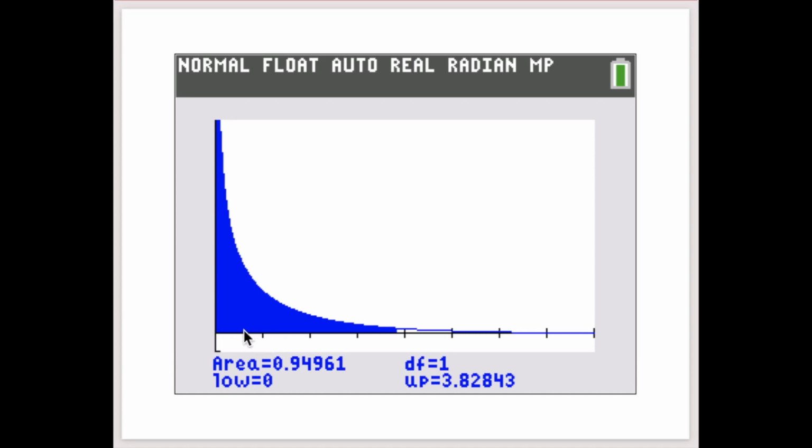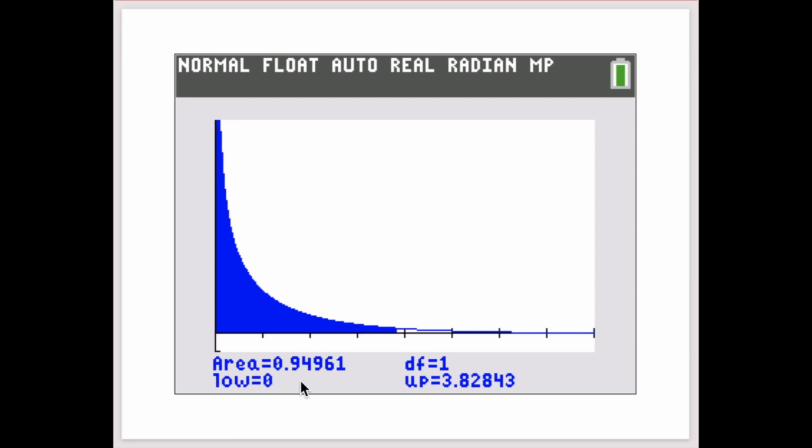To go to the right 2 standard deviations, this would be about 1 standard deviation, and then that point right there corresponds to 2 standard deviations to the right of the mean, which is 1. And so the probability that this chi-square random variable with 1 degree of freedom takes on a value over that interval is 0.94961.